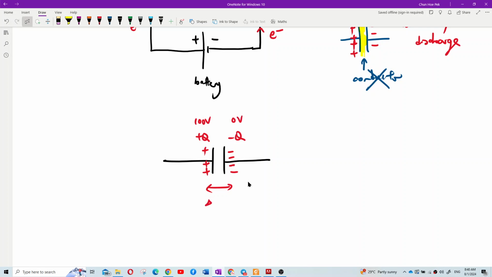So you have delta V, which is 100 minus 0, 100 volt.